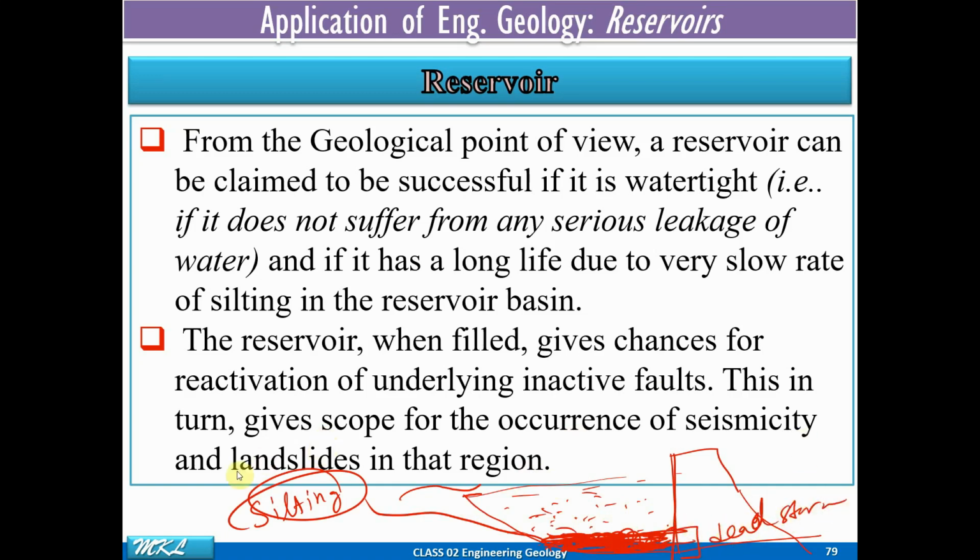So when I will be designing a reservoir, I have to consider this. Let's say you are asking your contractor that I need a reservoir which can store up to 15 million liters, as an example. Then you have to consider the silting effect also, 15 million liters up to 40 years.